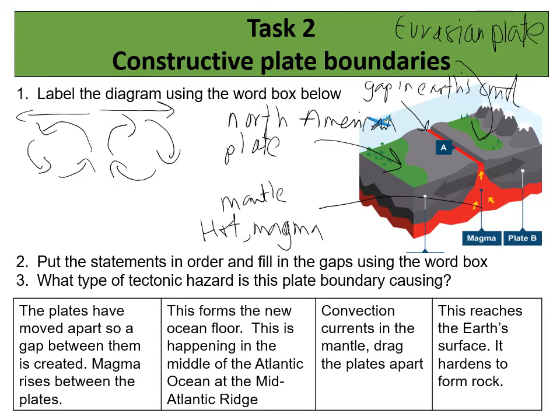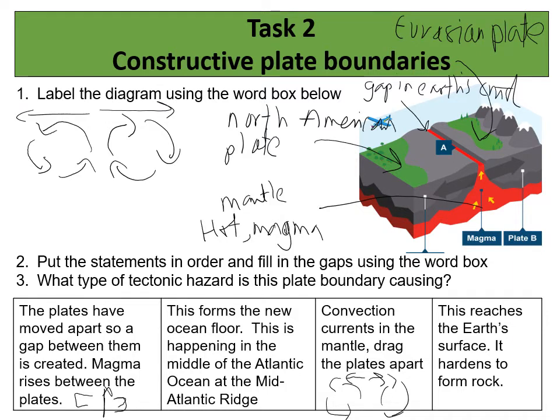Okay, so how do constructive plate boundaries form? Well, the convection currents in the mantle drag the plates apart. So the plates are being dragged apart, okay? And as the plates move apart, magma rises between them. So as the plates move away, the magma finds a gap in the Earth's crust and then that can escape.